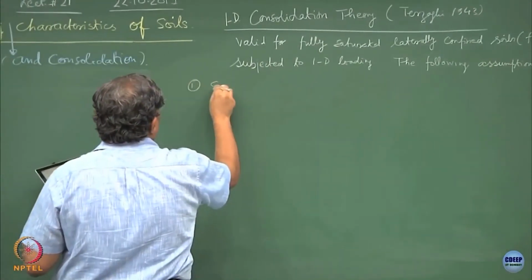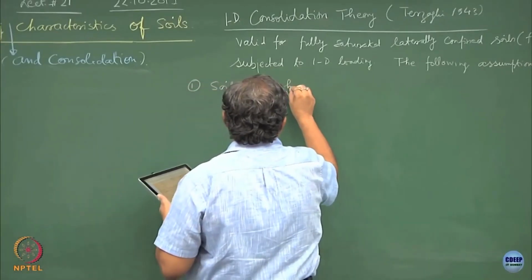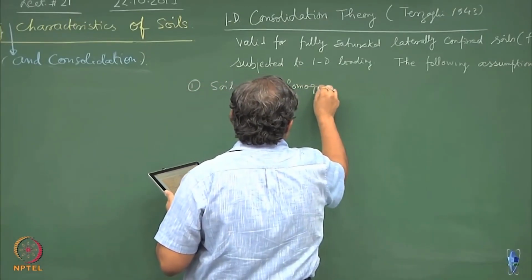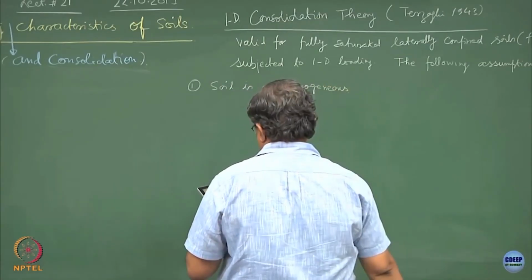Number 1, soil is a homogeneous material.